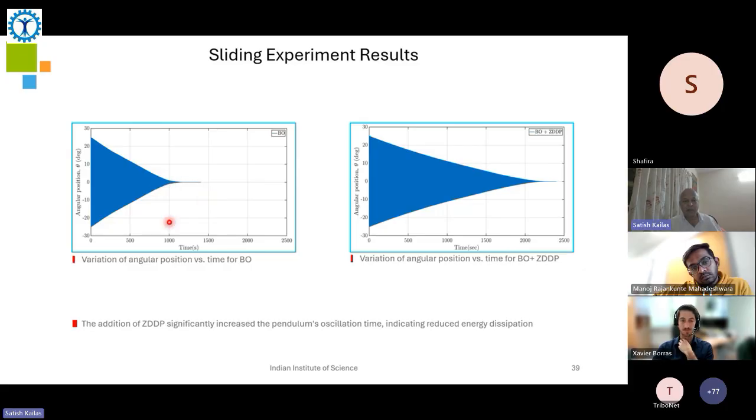With only base oil, it has come down to 1,000 seconds. But if I use ZDDP, I can go up to 2,000 seconds plus, which means that it is a very good additive even for lowering friction.